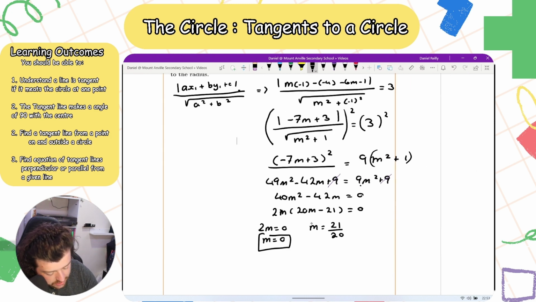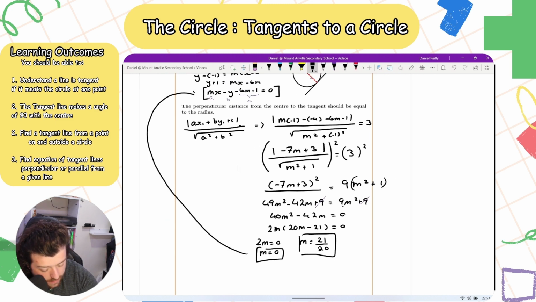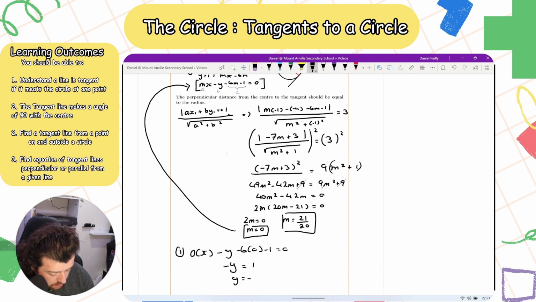Now that I have my two possible values of m here, I just sub them back in up here. So my first equation is going to be 0 times x minus y minus 6 times 0 minus 1 equals 0. So minus y equals 1, y is equal to minus 1. That's my first equation. And my second equation is going to be 21 over 20 times x minus y minus 6 times 21 over 20 minus 1 equals 0.